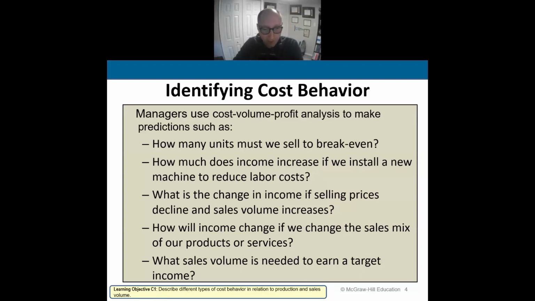And we also think about things like, how many units do I need to sell to earn what's called a target income? Target income is how much income I want to make. We call that target income. These are all behaviors, cost behaviors.